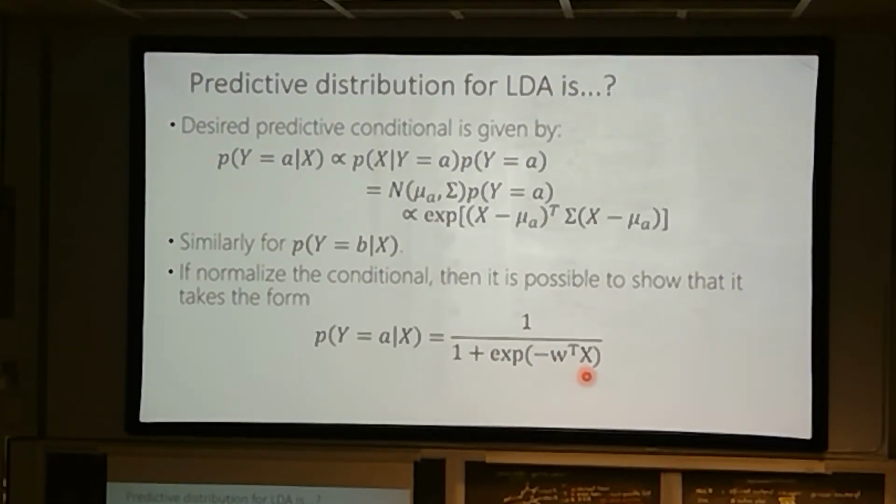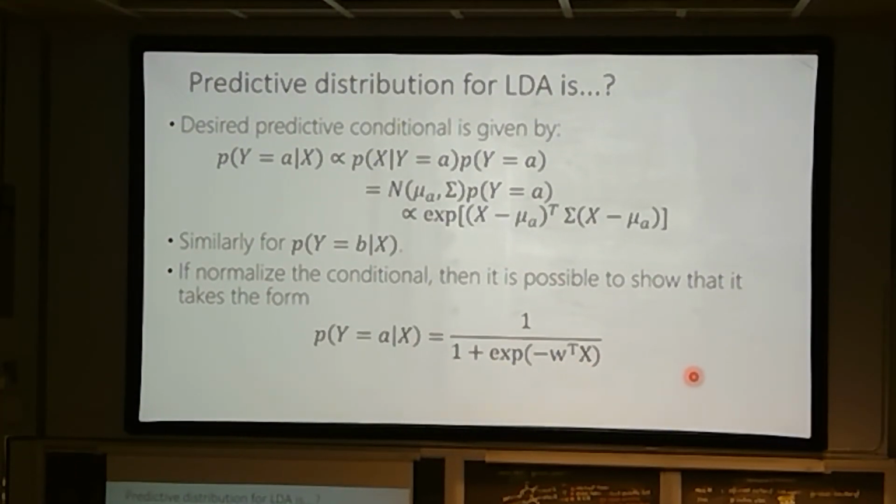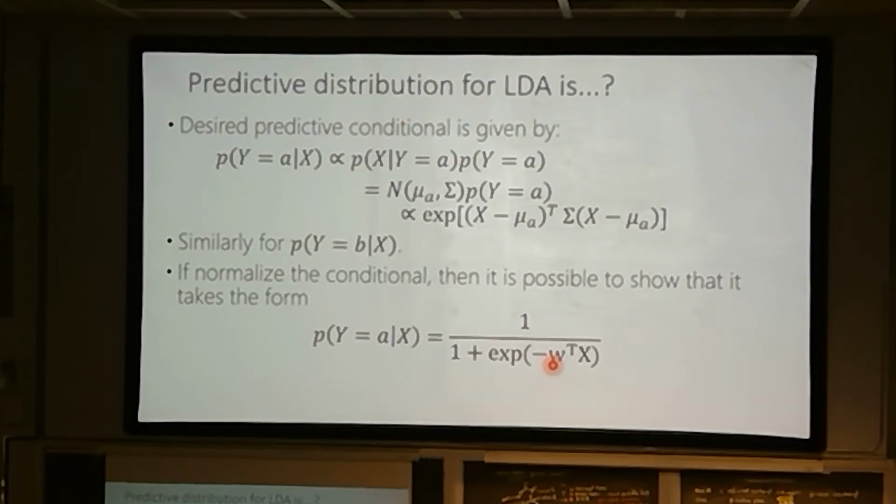Does that look familiar? Interesting. Just shout out, what is this model? This is logistic regression, right? This is the parameter from logistic regression. What I haven't told you on the slide is that to make it look like this, I would have to set W to a very specific value.